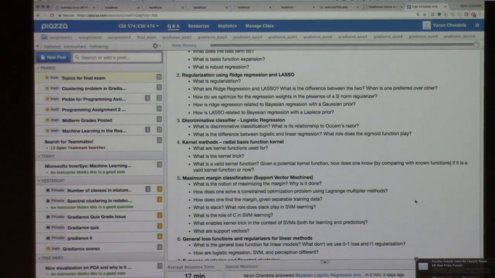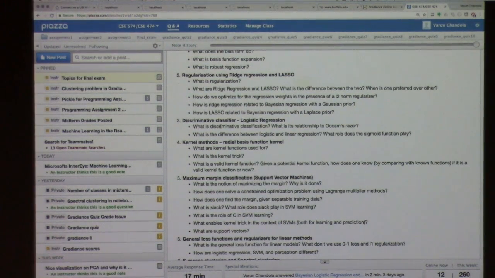What statistical learning theory says is that if your VC dimension is small, that also means you're applying Occam's razor. You're going towards simpler solutions. And that is why discriminative classifiers or logistic regression is preferred, because it follows the principle of Occam's razor, keeping it simple.